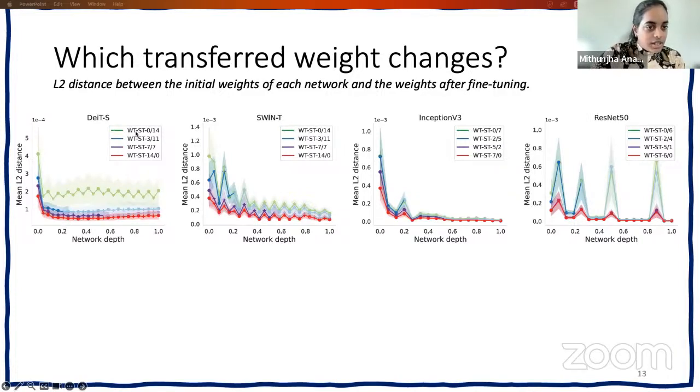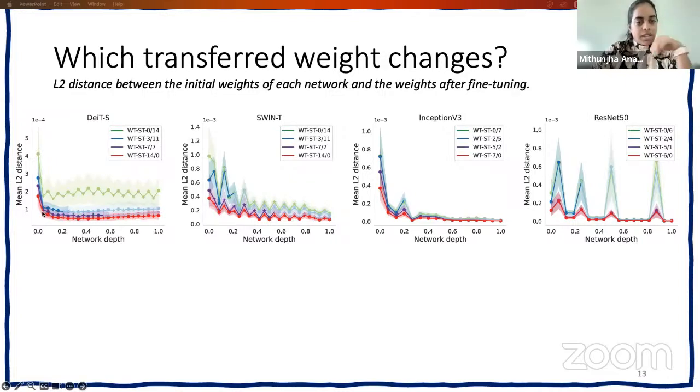The green color corresponds to a weight transfer to stat transfer ratio of 0:14, which means there is no weight transfer, but all the layers are initialized with the stat transfer. For the red curve, the weight transfer to stat transfer ratio is 14:0, which means there is no stat transfer, but all the layers are initialized with the weight transfer.